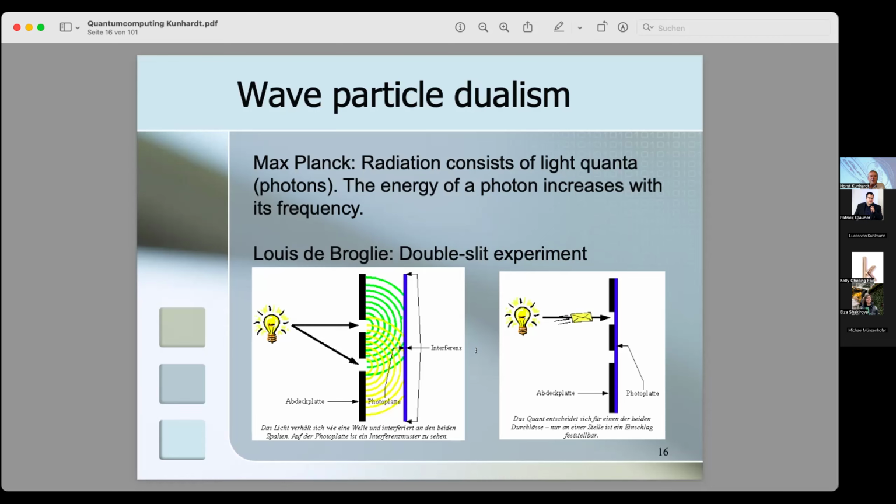A French scientist, Louis de Broglie, made a double slit experiment, and even in the 1980s or 1990s they were repeating these experiments, and still nowadays it is one of the basics of a study in physics to repeat these slit experiments. And we always come to the same conclusion: light is both. Light consists of a pattern of particles as well as a wave, and therefore Max Planck called it the wave-particle dualism.